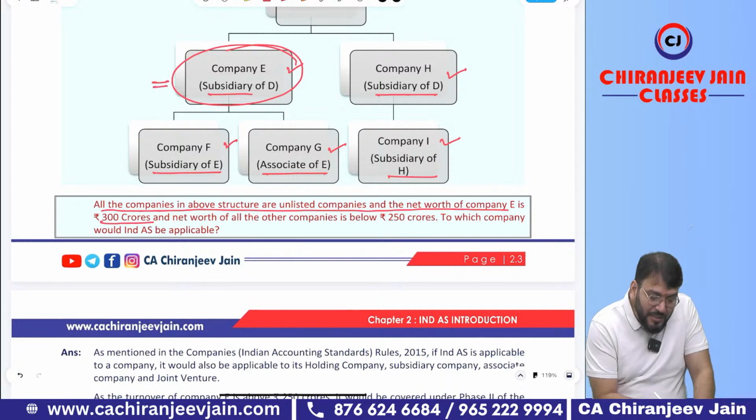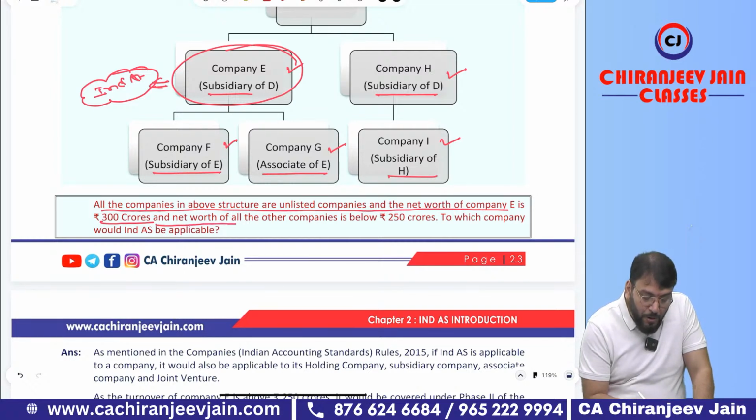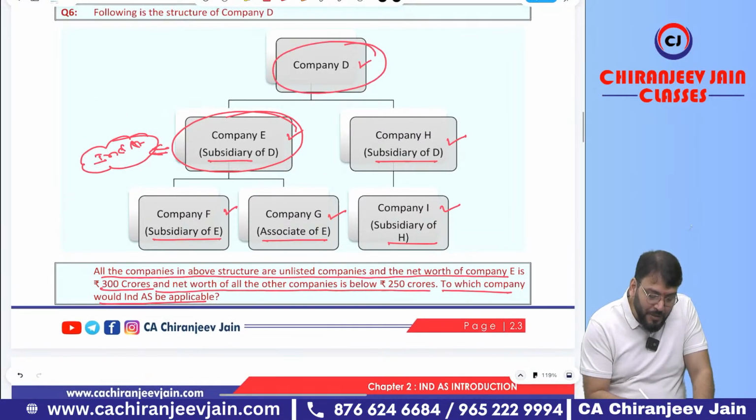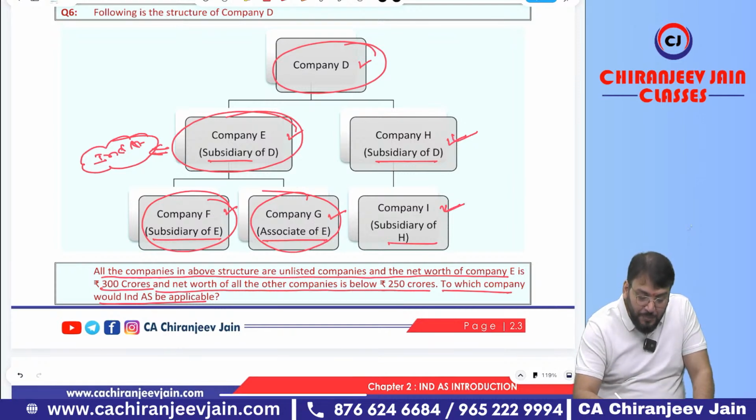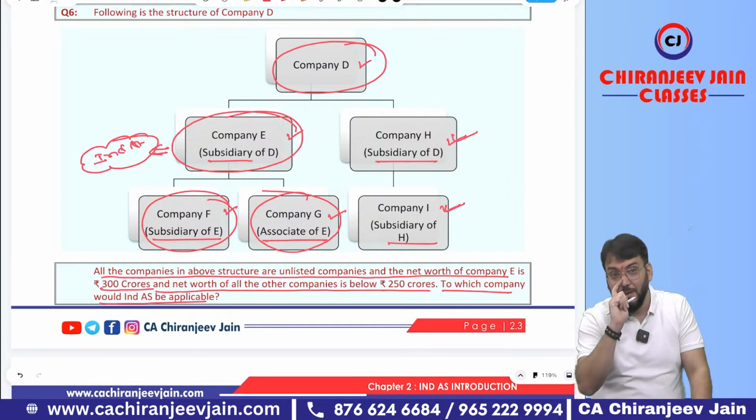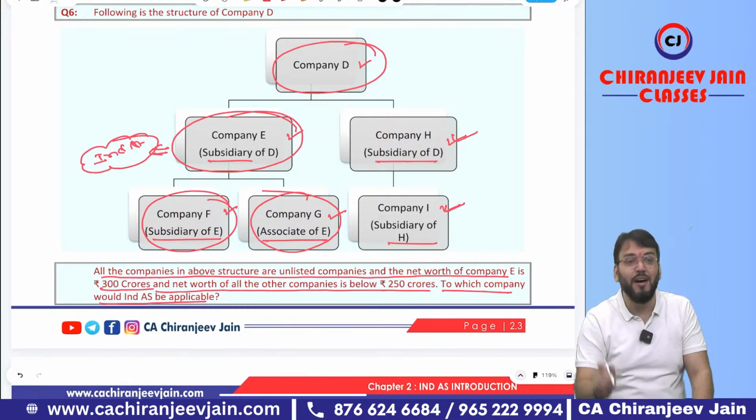It means Ind AS is applicable from phase 2, yes or no? And the net worth of all other companies is below 250 crore. To which company would Ind AS be applicable? So company D, Ind AS applicable, company F and company G, Ind AS applicable. For company H and company I, Ind AS is not applicable. But to them, they need to provide information for consolidation purpose based on what?